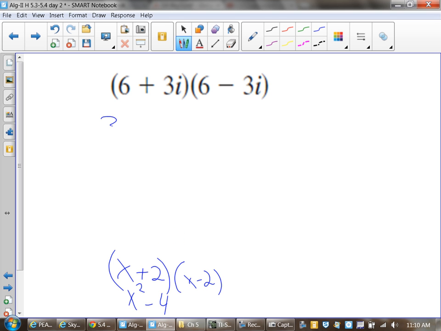If you FOIL it out, you get 36 minus 18i plus 18i minus 9i squared. What happens to that middle term? Vanishes. It drops out. So you get 36 minus 9 times negative 1.